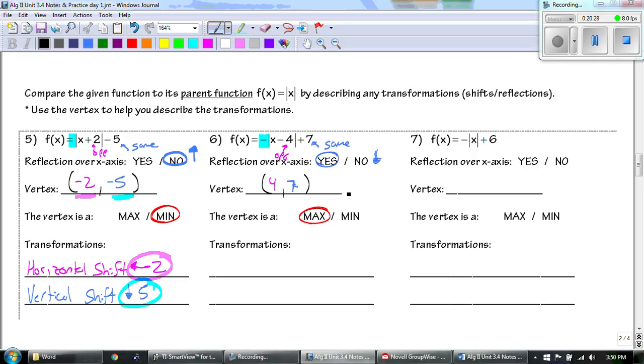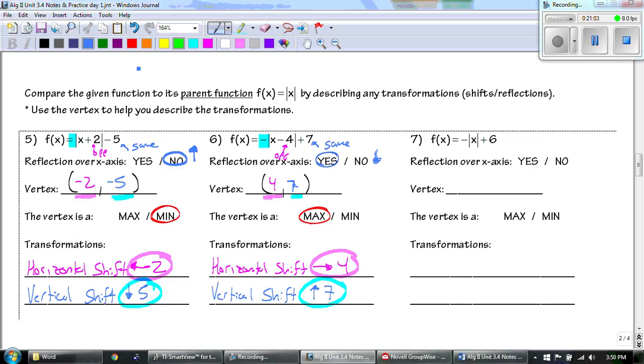Okay, so our transformations, there's a horizontal shift. This graph would go to the right 4, and there's a vertical shift going up 7, okay? It's a positive 4, so I went right 4. It's a positive 7, so I went up 7.